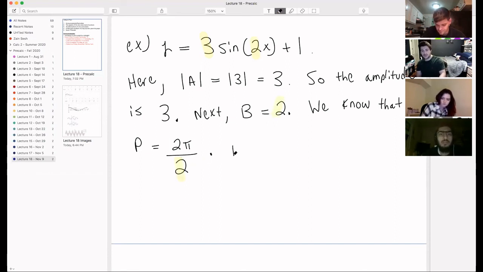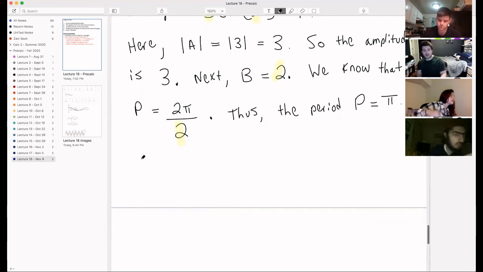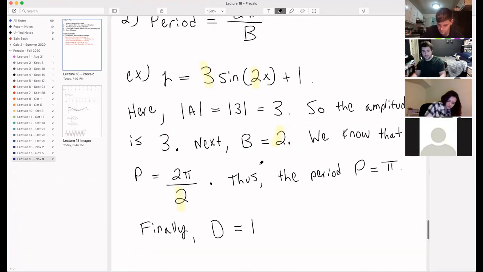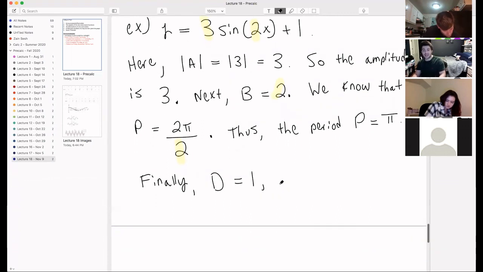That's just going to be pi. So the period is pi. Excellent. And finally, let's do D. Capital D is 1 because there's a plus 1 at the end. So that tells us that the midline is y equals 1.